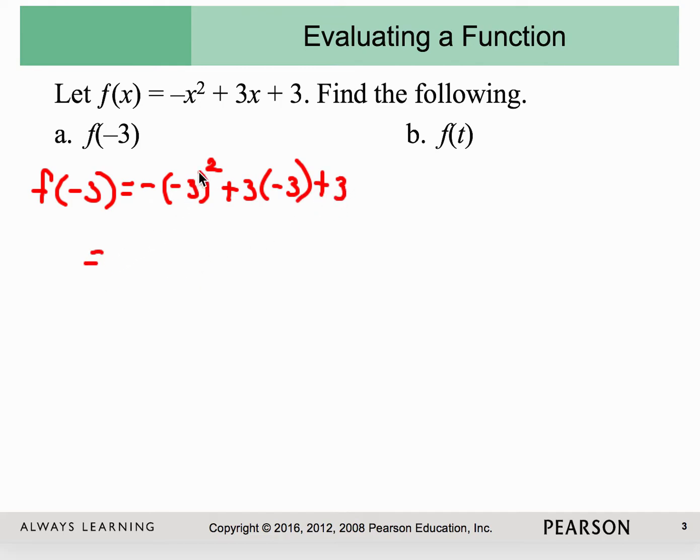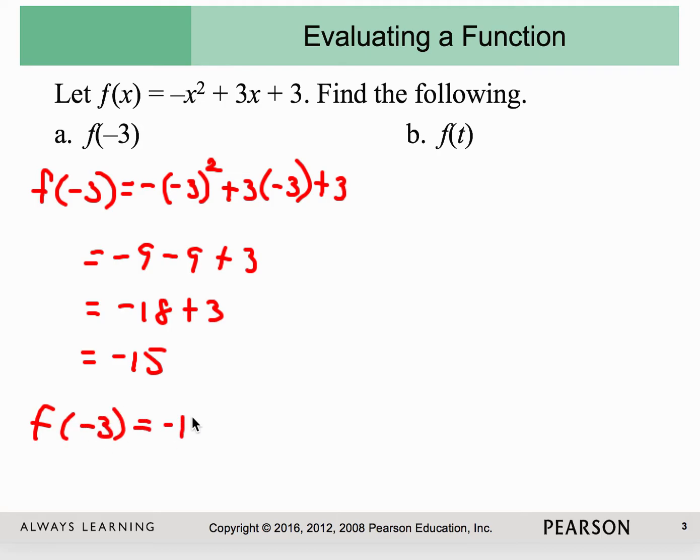Here's negative 3 times negative 3, so that's positive 9, negative 9, minus 9 plus 3. Negative 18 plus 3 is negative 15. So f of negative 3 equals negative 15.